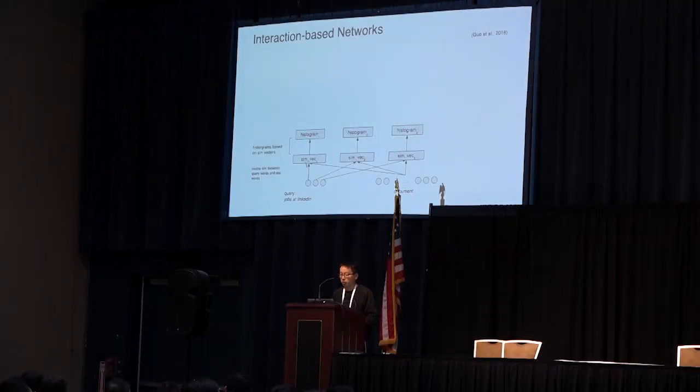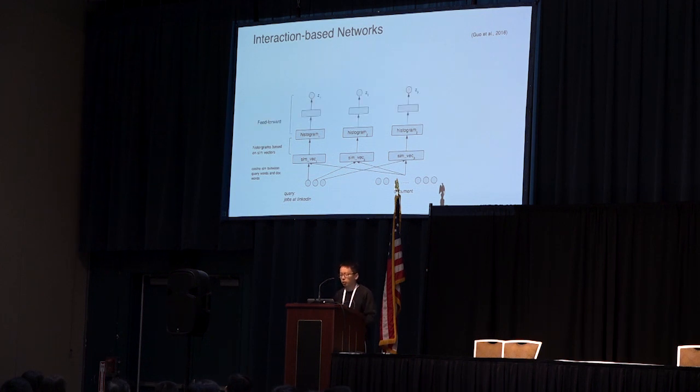The rest of the network is about how to compute the score. Based on the similarity vector, you can compute a histogram on it. The histogram can be the maximum value in the similarity vector, the minimum value, and the mean value.